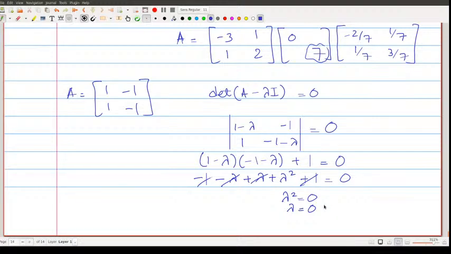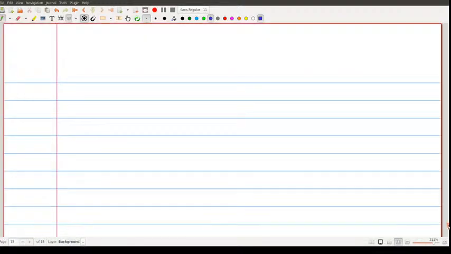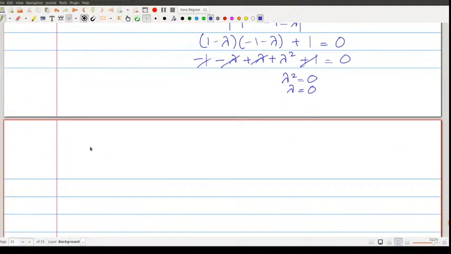If I try to find the eigenvectors now, what do I get? I take 1, 1, minus 1, minus 1, and I have to find the null space of A minus lambda I times x equals 0.